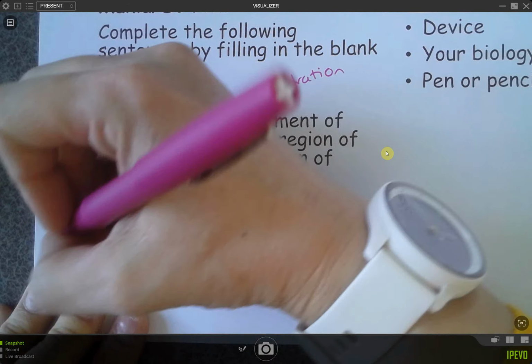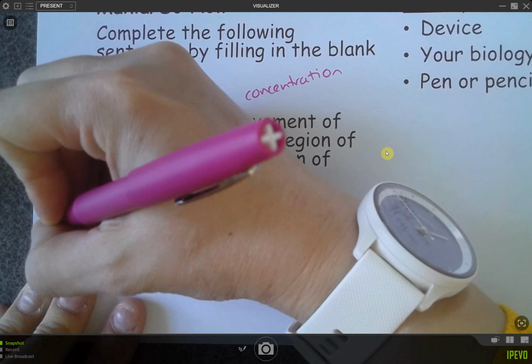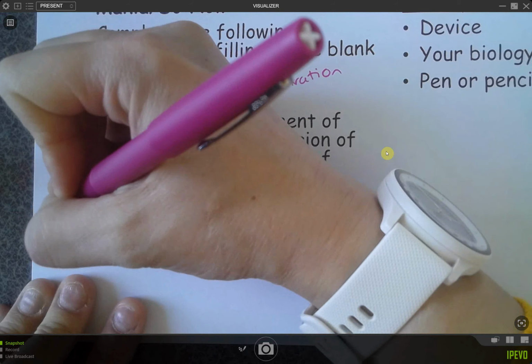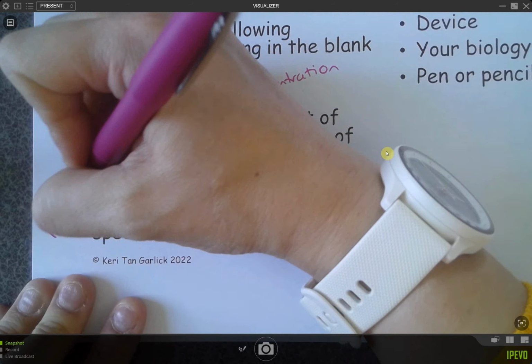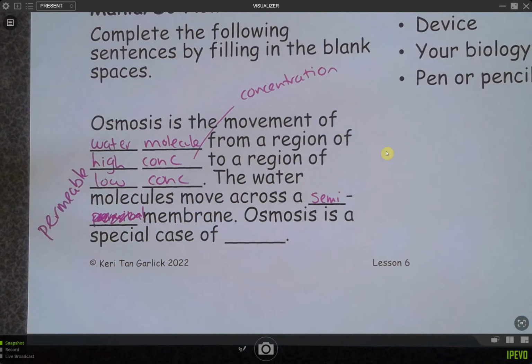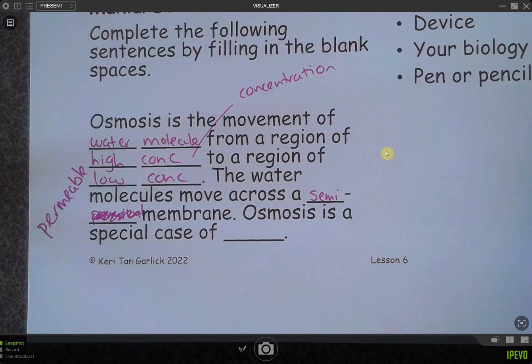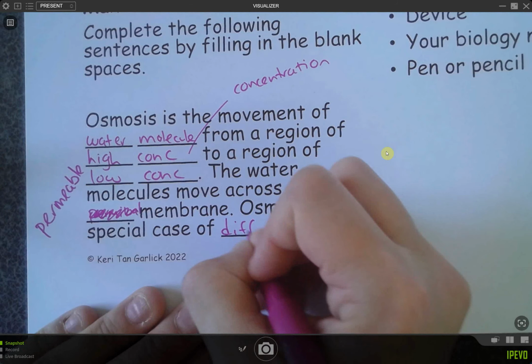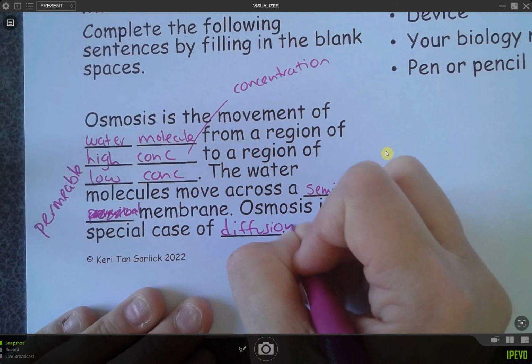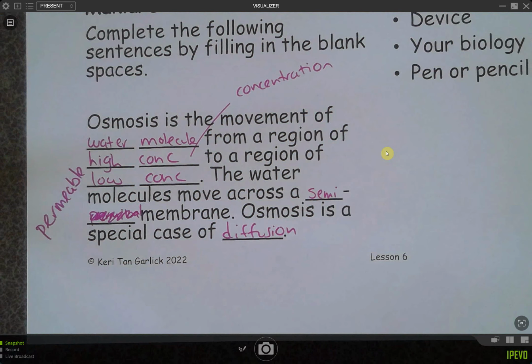Permeable is spelled semi-permeable membrane. Osmosis is a special case of, person answering that is Phoenix. Do you remember? Diffusion, yep. Cool? We good? All right.